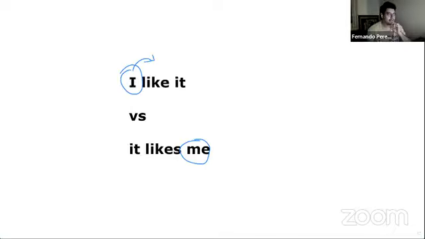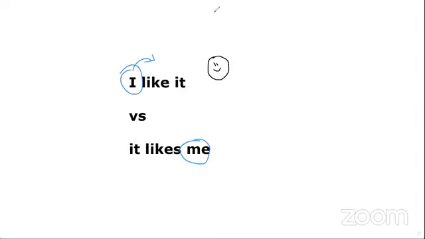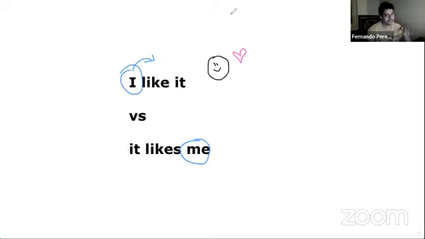For example, if you say I like it, it is one person liking this thing. Be careful. Let's say that one person likes, for example, a dog.